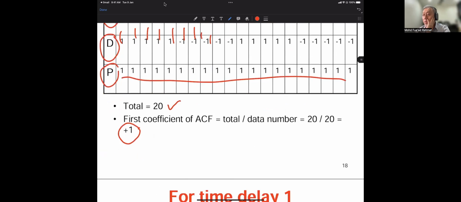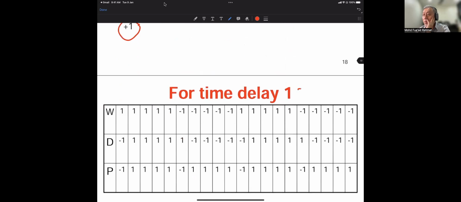Then for time delay equal to 1, the signal has been shifted.